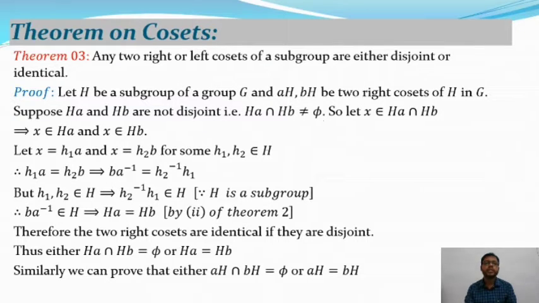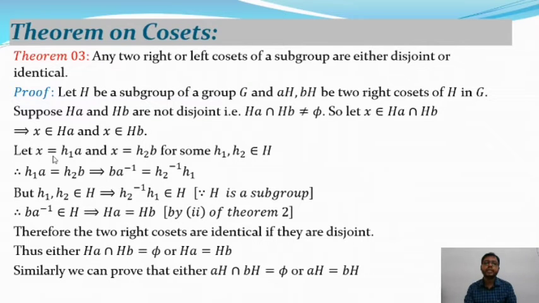So there exists at least one element in Ha intersection Hb. Let x be the element that lies in Ha intersection Hb. That means x belongs to Ha and x belongs to Hb.